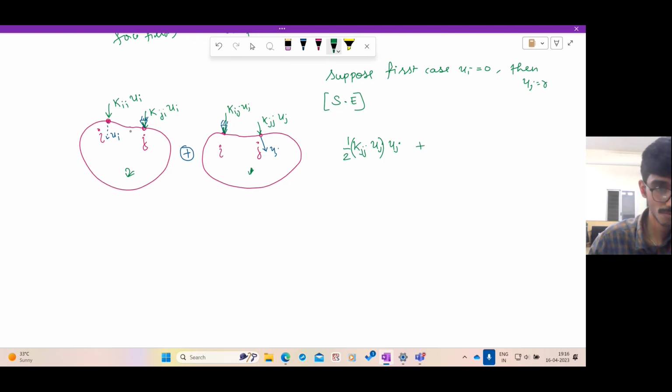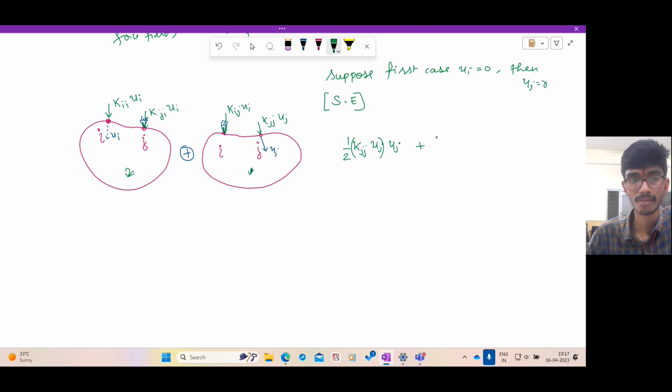Plus, in the second case, you're fixing this point and allowing this to move. So when you allow this to move, there's already a force acting here, right? There's already a force of kij uj. Over and above that, this is moving by ui. And this force remains constant as you apply this displacement. Over and above that, there is a force that is applied, which is kii ui.